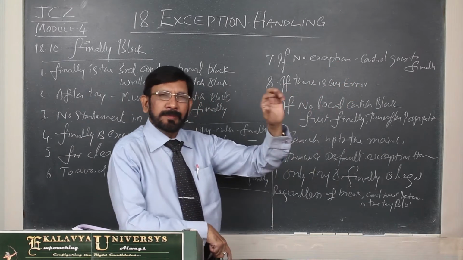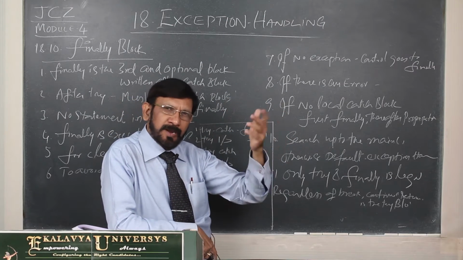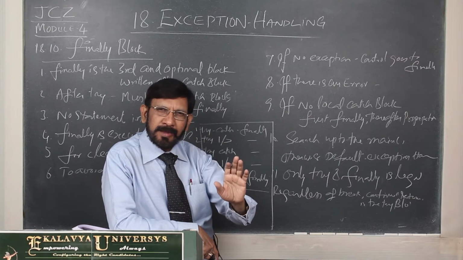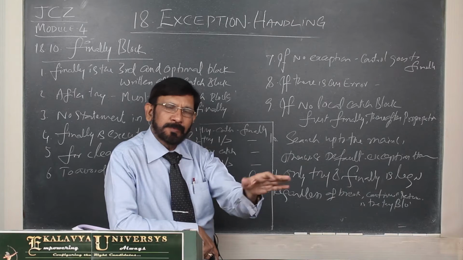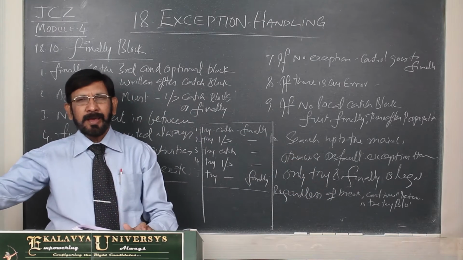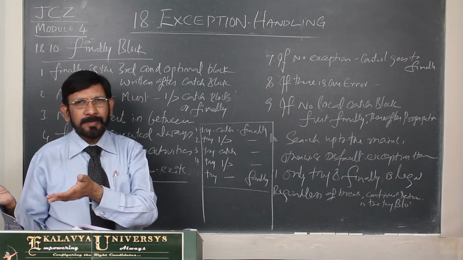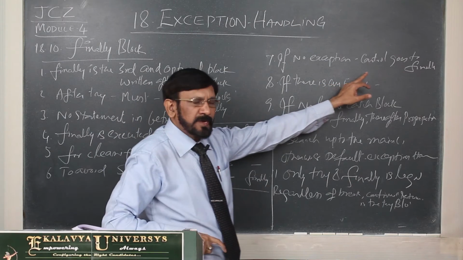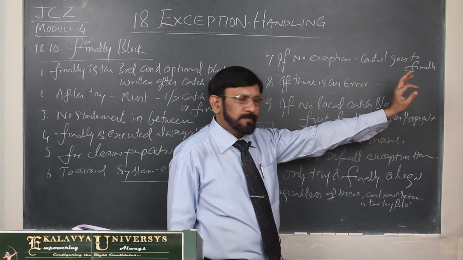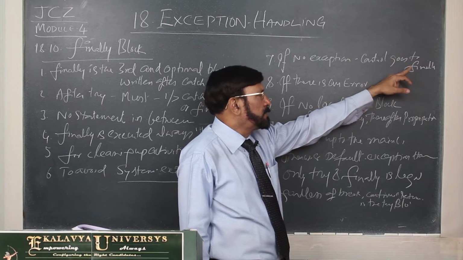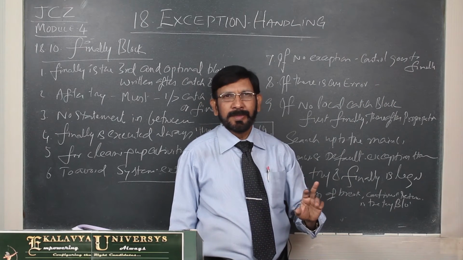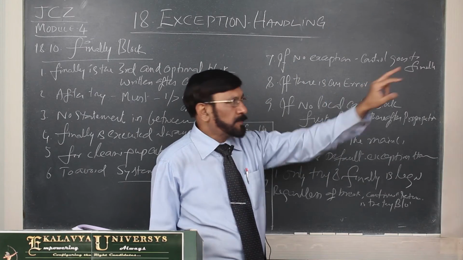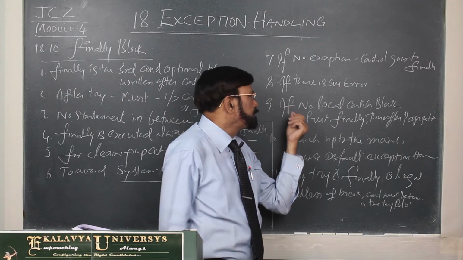In such a case, the catch blocks, one or more, are simply ignored, whatever code they may contain. Suppose no accident occurs, then the ambulance has no role to play. If some accident occurs, the ambulance has a role to play. So catch blocks are simply ignored. Thereafter, control goes from the try block to the finally block. In this case, every statement you write in the try block is executed. That point also you must remember and write in your notes.